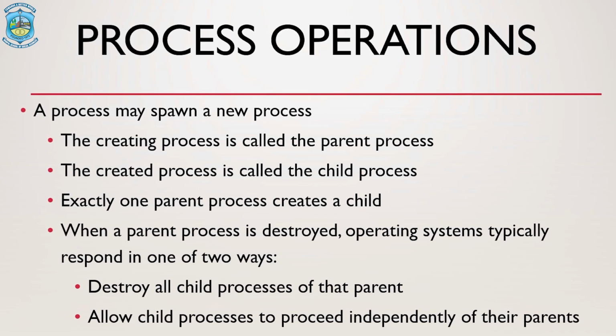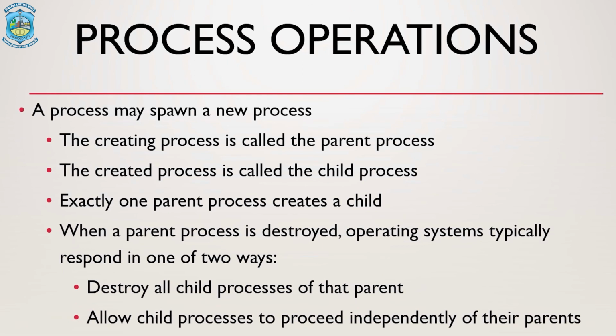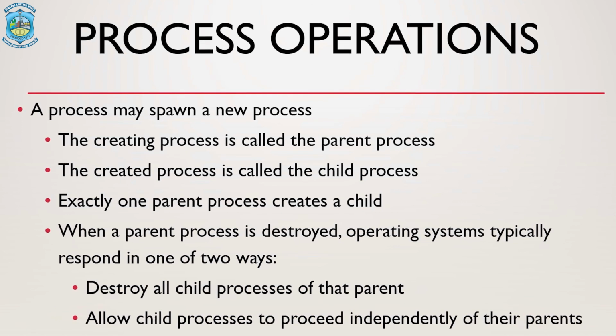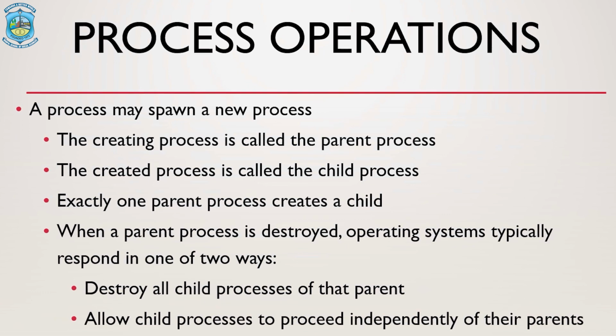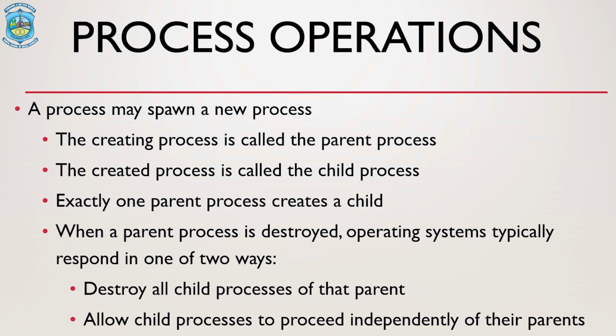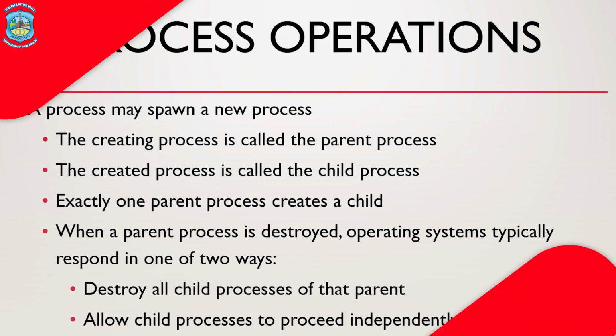When a parent process is destroyed, operating system typically responds in one of two ways, that is destroy or terminate all child processes of that parent, or allow child processes to proceed independently of their parents.